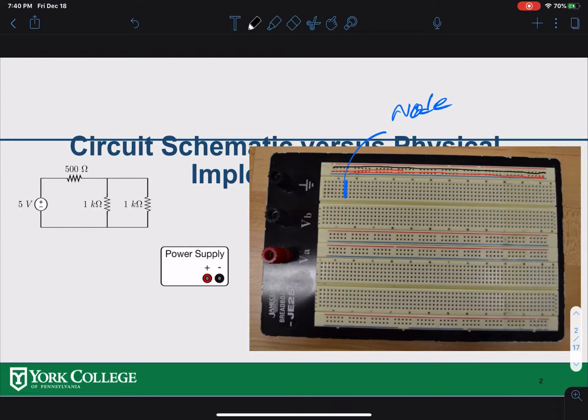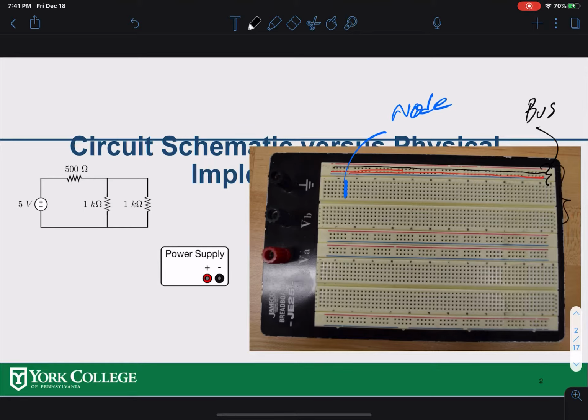So they're all connected together. These are called buses. That means we use the bus to make the power connection or a reference connection. We normally use the negative one for the reference connection and the positive one for the positive voltage connection.